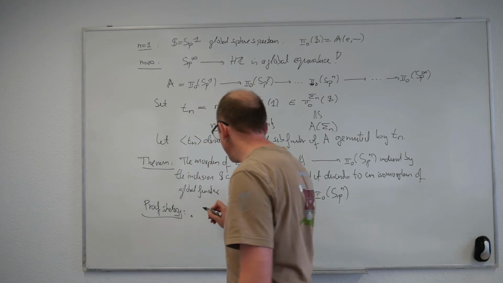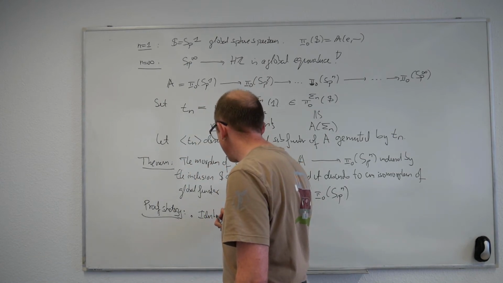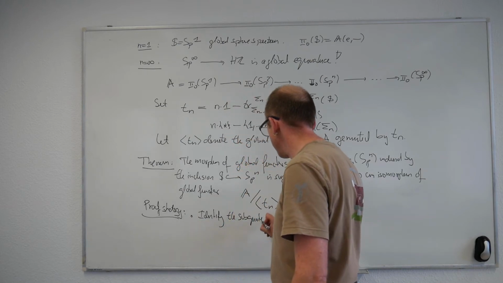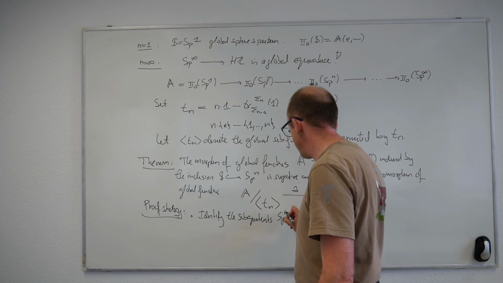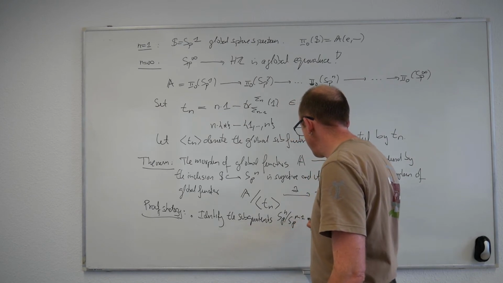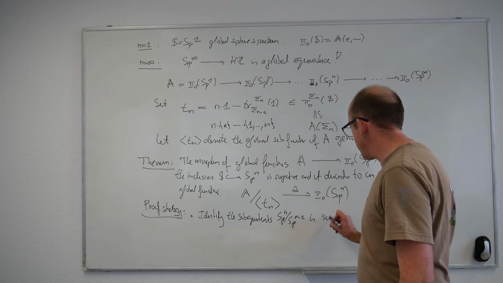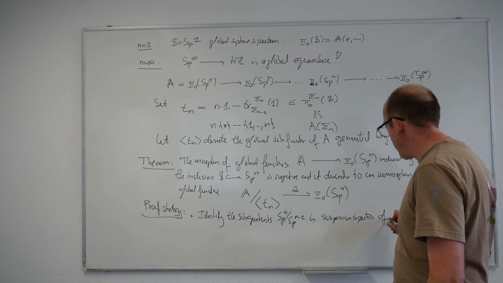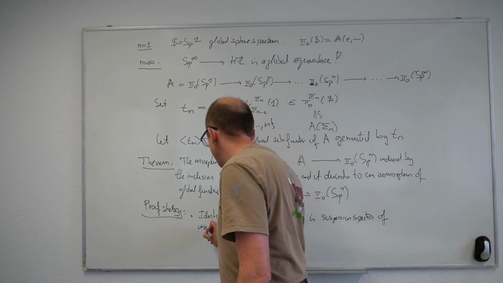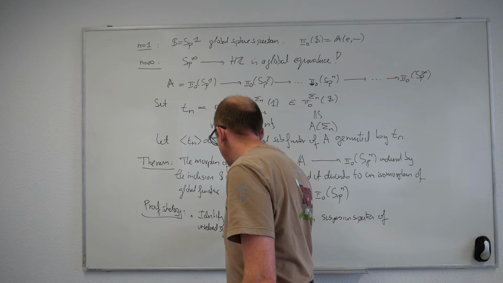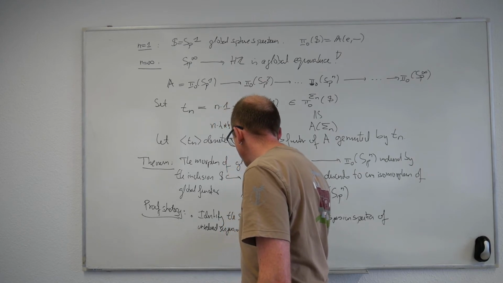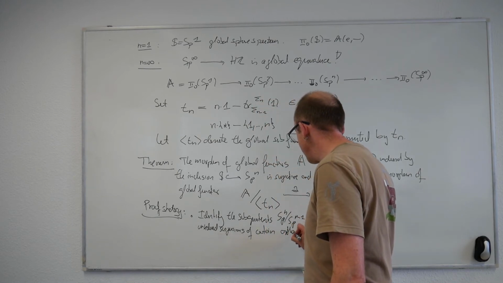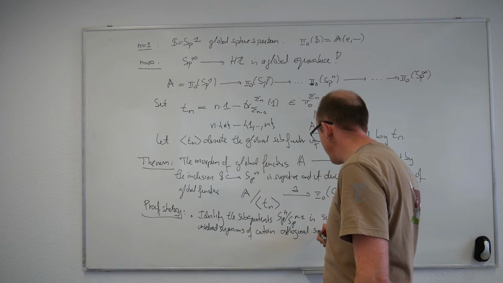So it basically has two steps. First, identify the subquotients Sp^n modulo Sp^(n-1) as suspension spectra of unreduced suspensions of certain orthogonal spaces, certain unstable global homotopy types.